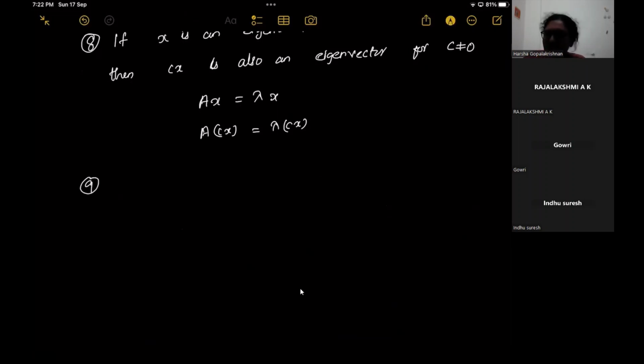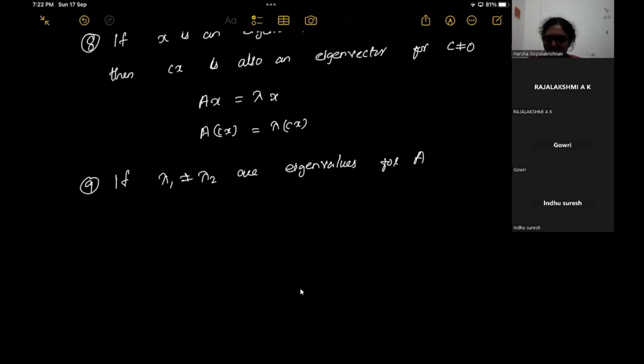Now, the next important result: if lambda 1 not equal to lambda 2 are eigenvalues for A, we are taking a matrix A and lambda 1 and lambda 2 are two distinct eigenvalues.